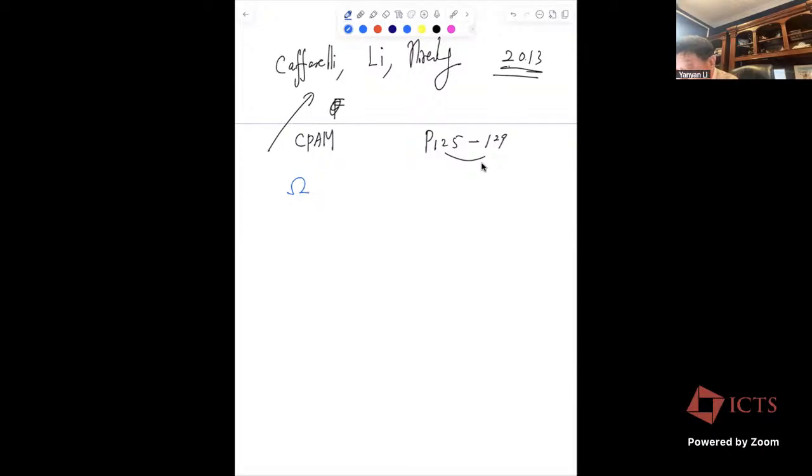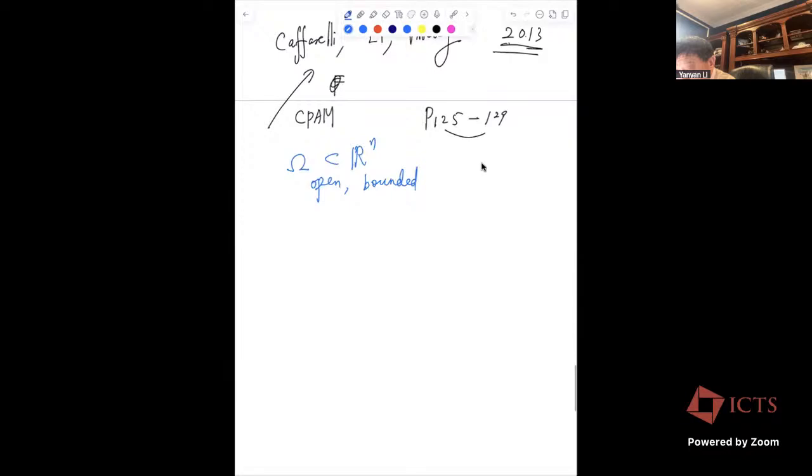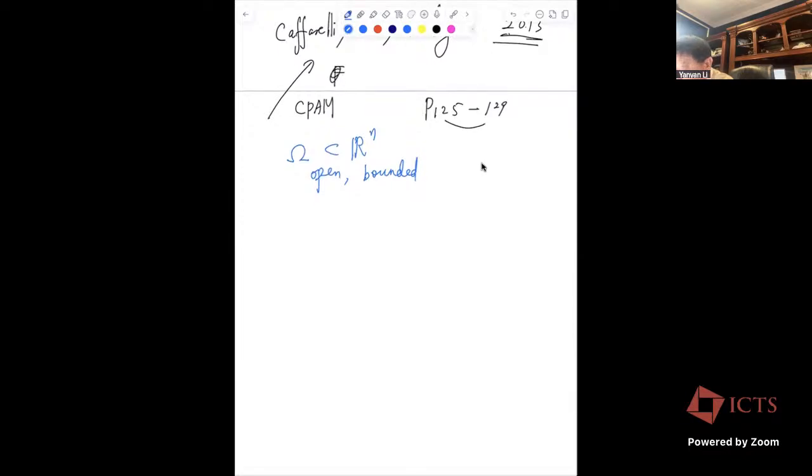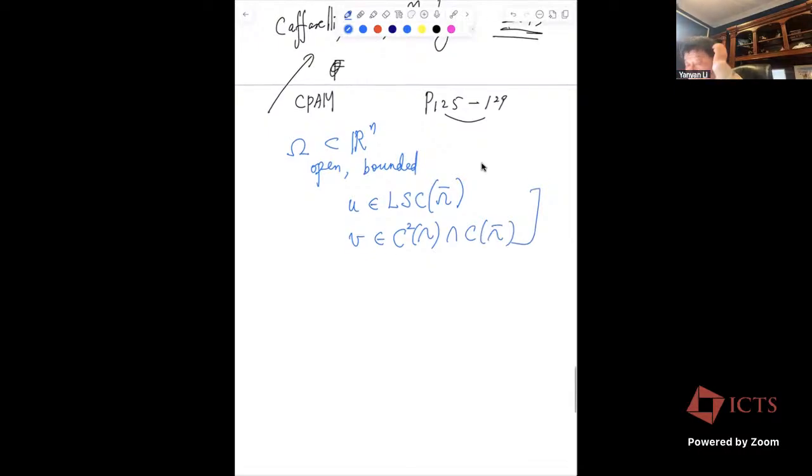So let Omega in R^n be open and bounded. We'll consider two functions: U is lower semi-continuous in Omega bar, while V is C2 in Omega and continuous in Omega bar. I always look at this situation.